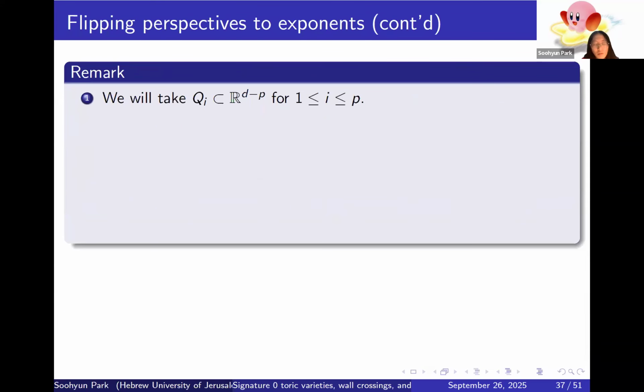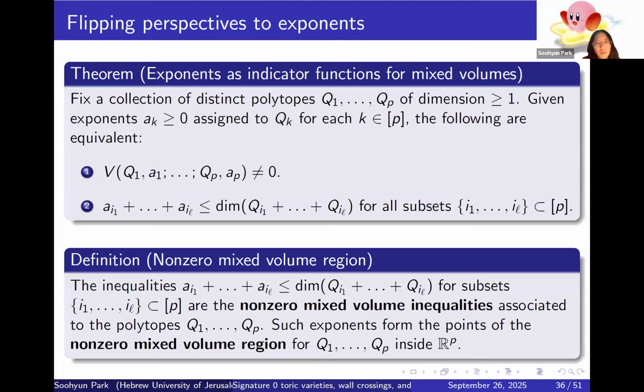Okay, so just as a remark, in our setting, we will take these to be d minus p, because we're taking the intersection of d array divisors in a d-dimensional toric variety. And it turns out that, if you're familiar with some of the combinatorics, you might see that this looks like the defining inequalities of a generalized permutohedron, and indeed you do get one.